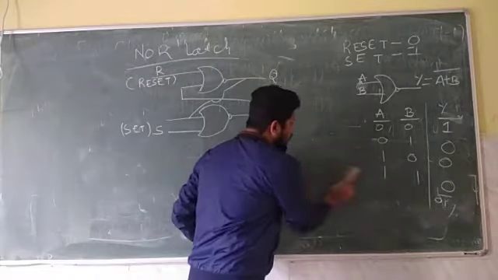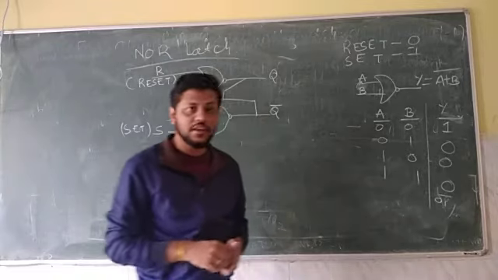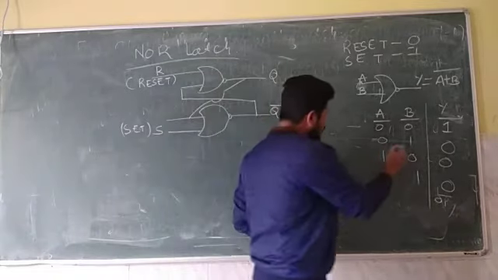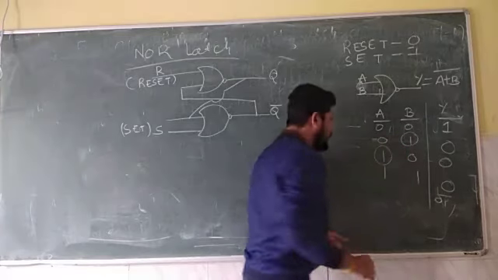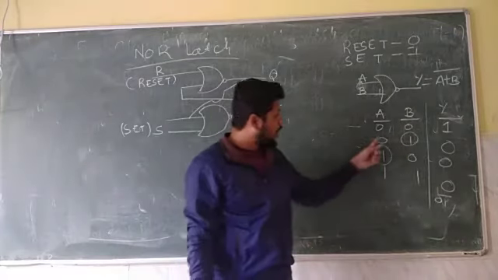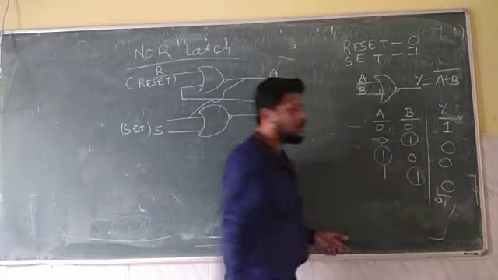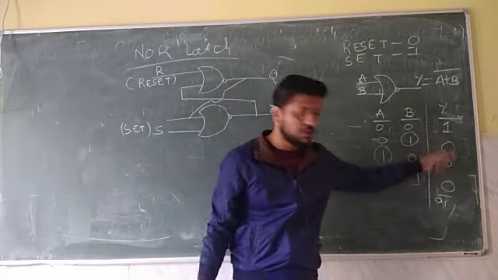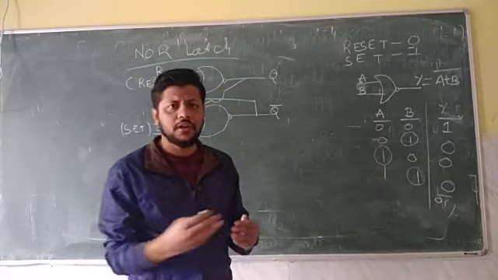So what can you observe from this truth table? The observation is that whenever one of the inputs is 1, whatever the other input may be, the output will be 0 in the case of a NOR gate. This is a very, very important conclusion.